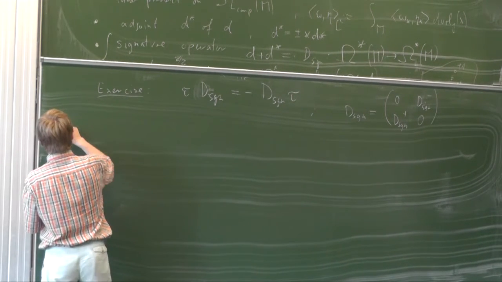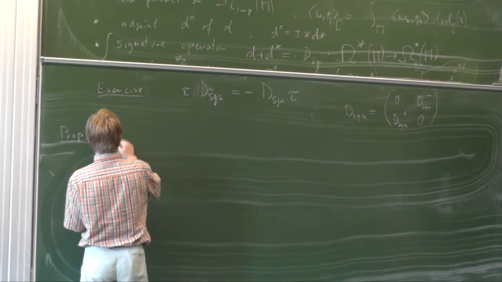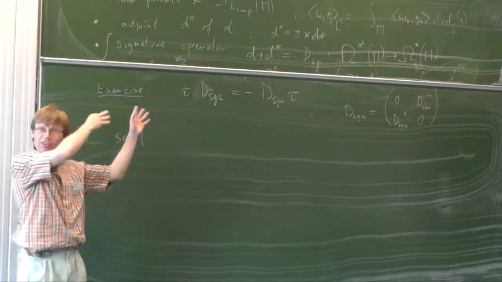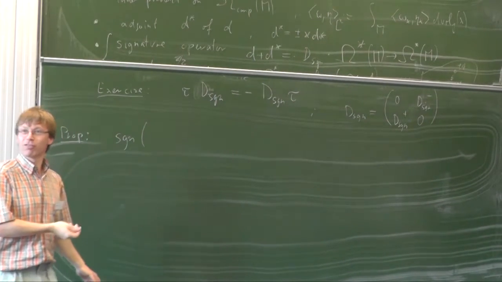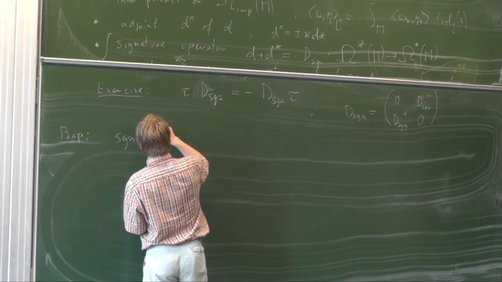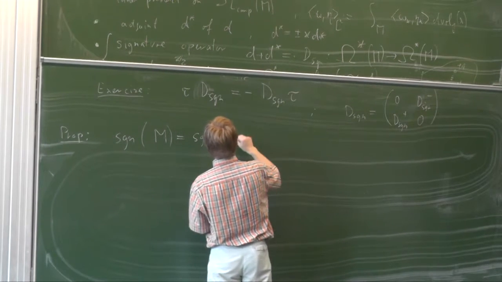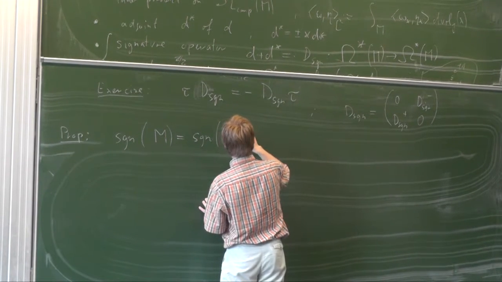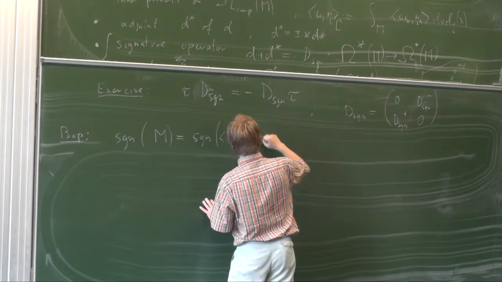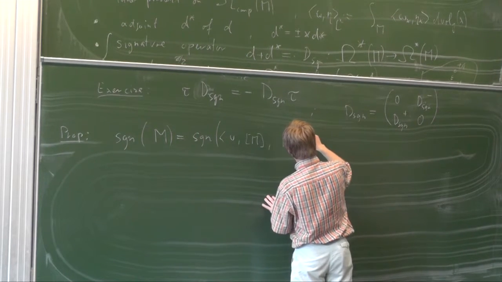And it's not so hard a proposition that the signature, and now we're again in a situation where it's good that the dimension is divisible by 4, so that's fine, the signature of M, which is the signature of the intersection form on a middle degree homology.